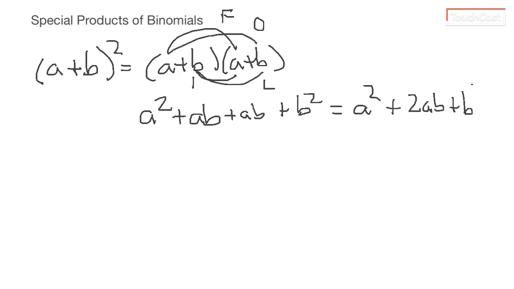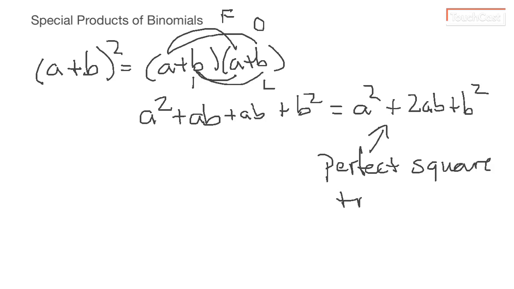plus b squared, which is a generalized formula for what we call perfect square trinomials. So this right here is called a perfect square trinomial. And we call it that because it is what we get when we square a binomial, when we multiply a binomial by itself.